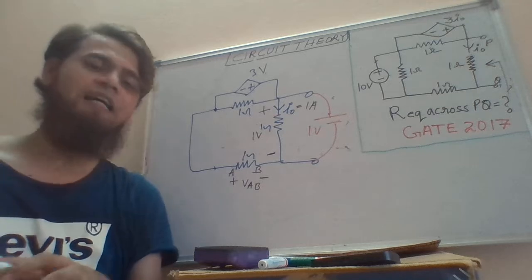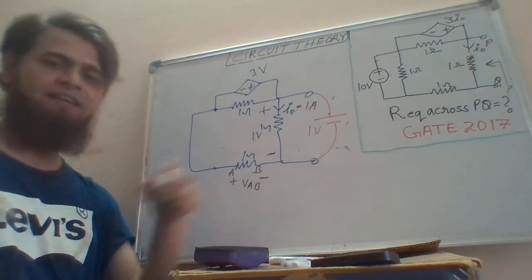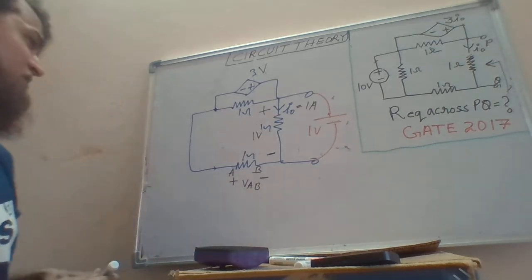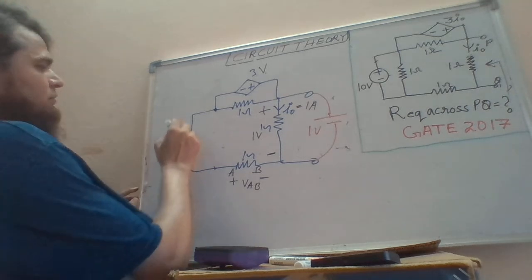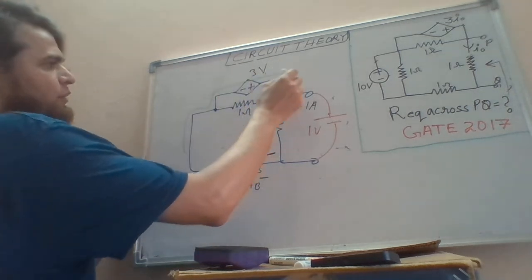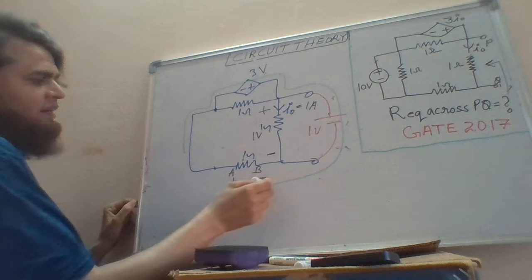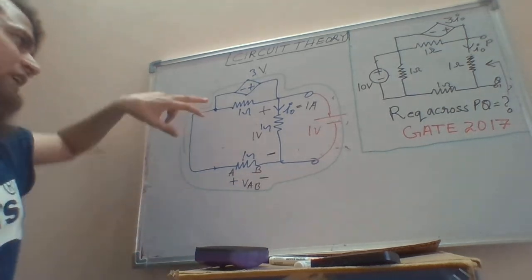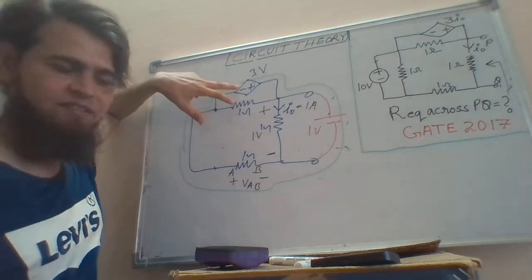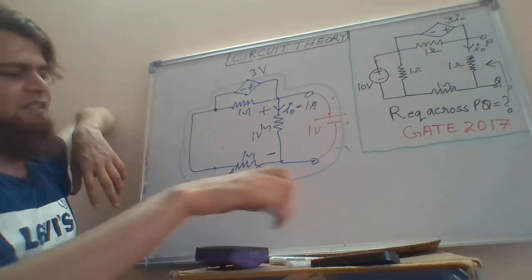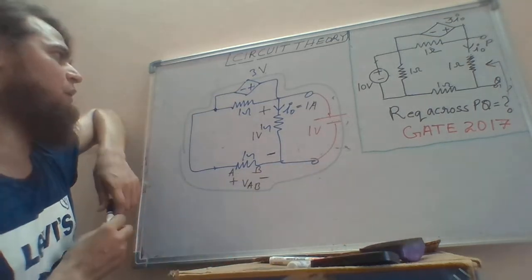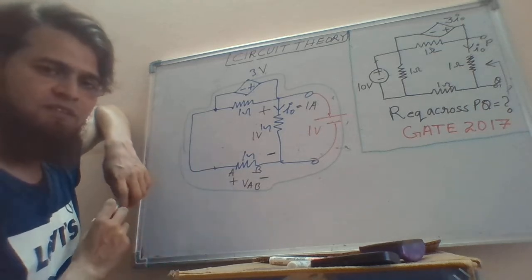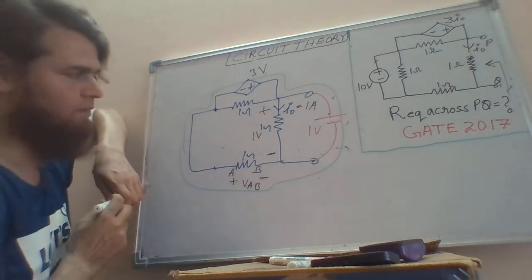And let's now try to write the KVL for this green loop. So what should be the KVL? Here you have minus 3. So let me write the equation as a result of this KVL on this green loop.